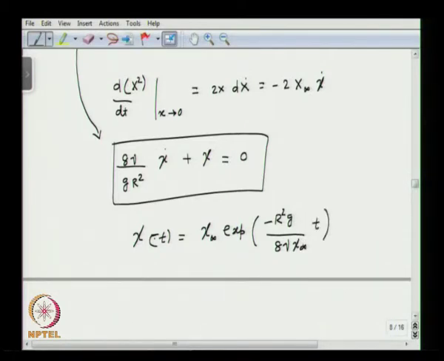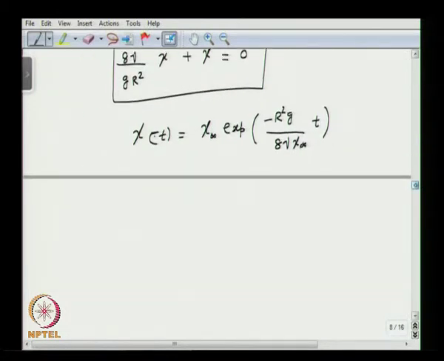Okay. Now, if you convert it back to the original variable x, x of t can be written as x infinity into 1 minus exponential minus r square g over 8 nu x infinity into t.